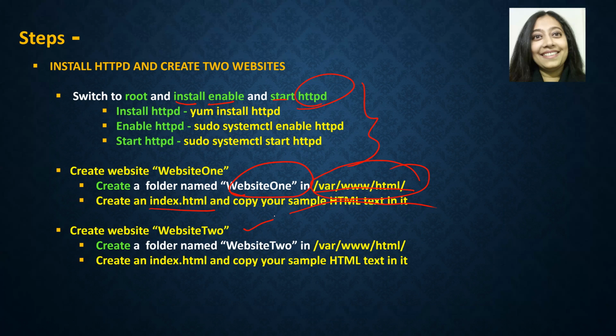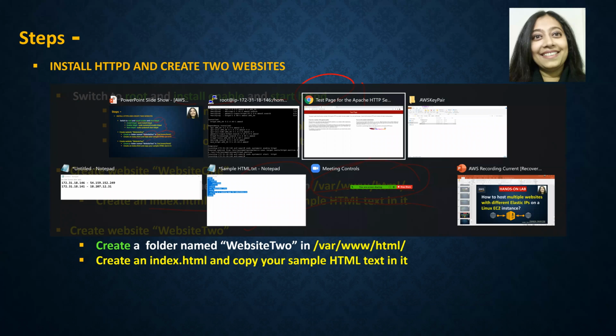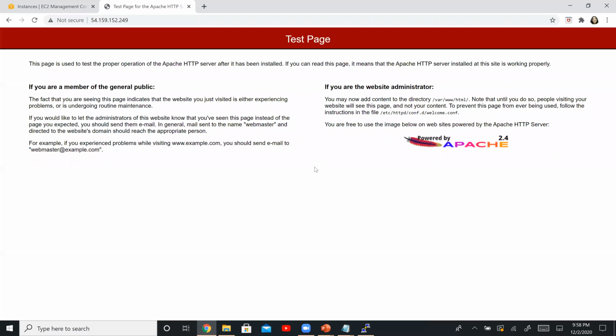Before we go, I want to show you something. The test page also mentions that you may add additional content to this directory, /var/www/html. And that's where we are going to create our websites.